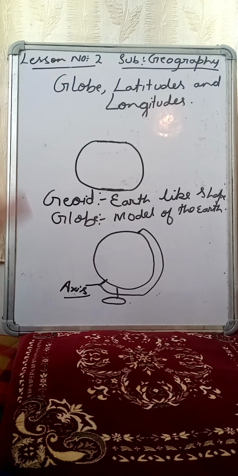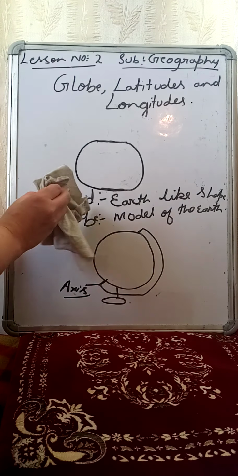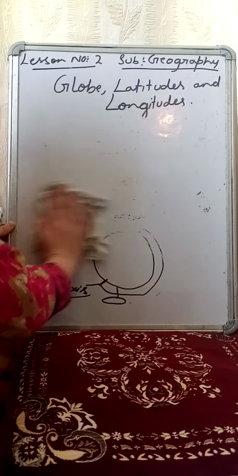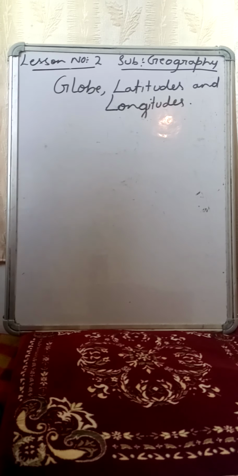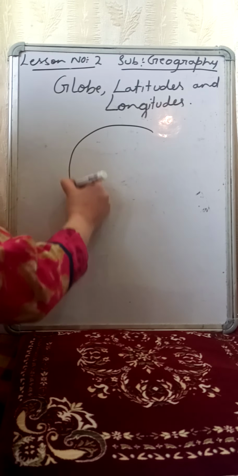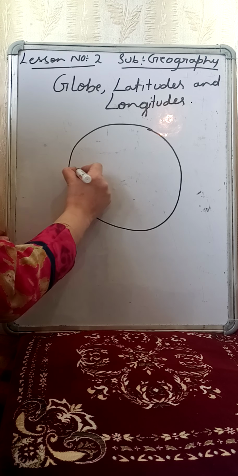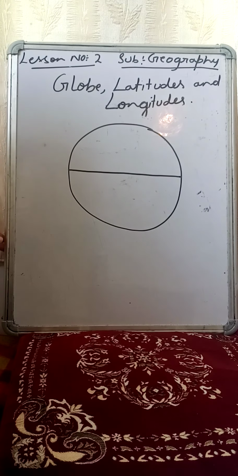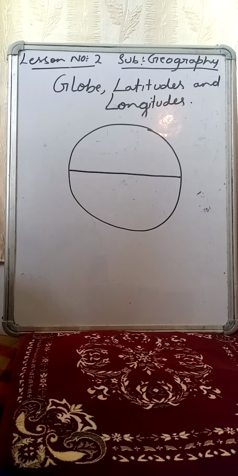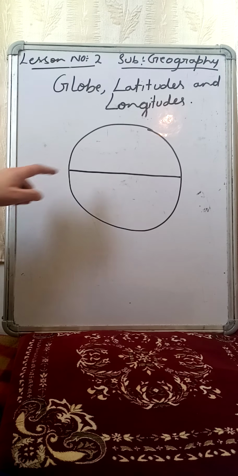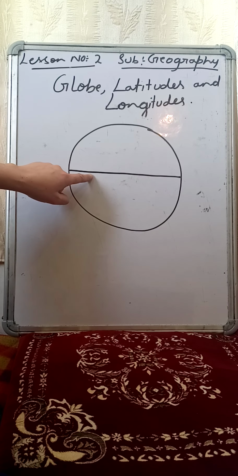Okay, we have other imaginary lines also. I'll tell you. If we draw the shape of our earth like this, we have one imaginary line which divides the earth into two equal parts. It's drawn exactly at the center of the earth.